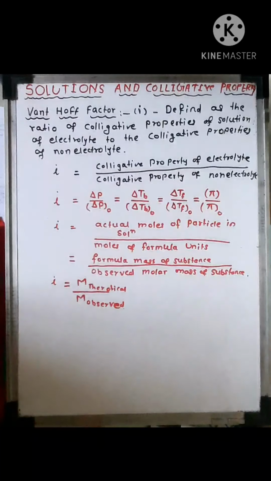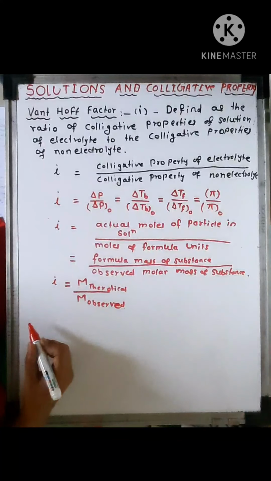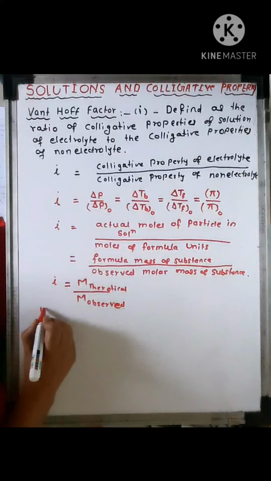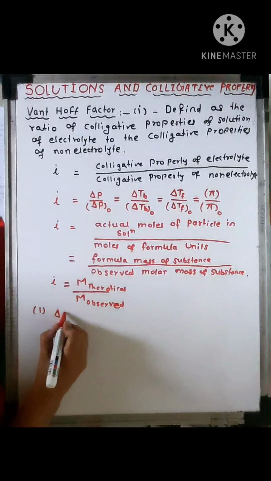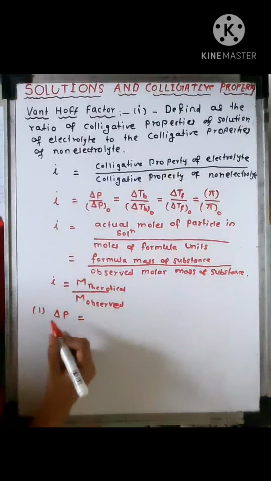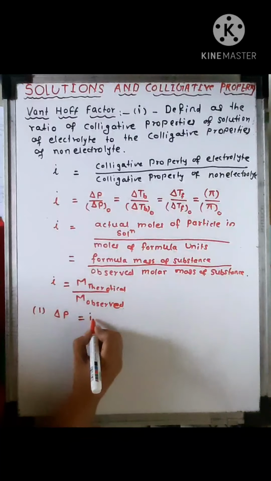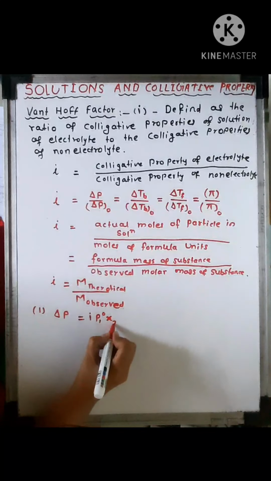Now some modifications of the formula expressions of colligative properties. Four colligative properties, as you know. First colligative property is delta P, that is lowering of vapor pressure. In terms of Van 't Hoff factor, we can write the formula I into P10 into X2.